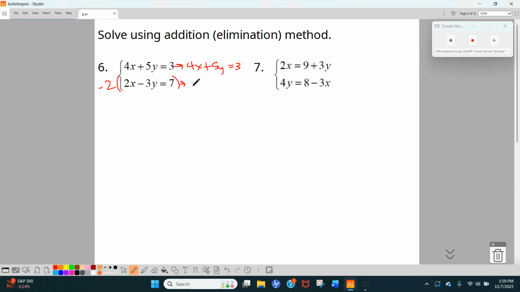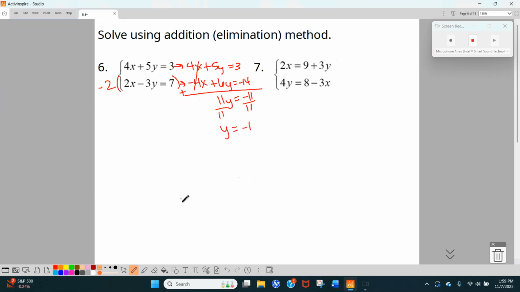On the bottom equation, I'm multiplying all of the pieces by negative 2. And then when I add, the x's cancel because 4 minus 4 is 0. Add here and I get 11. Add here and I get negative 11. Divide by 11 to get y by itself.